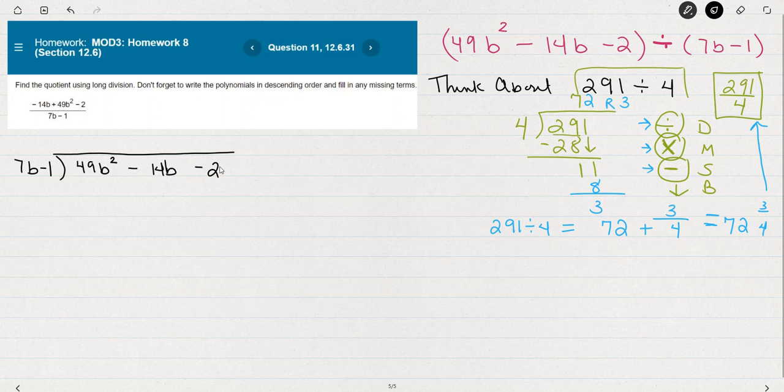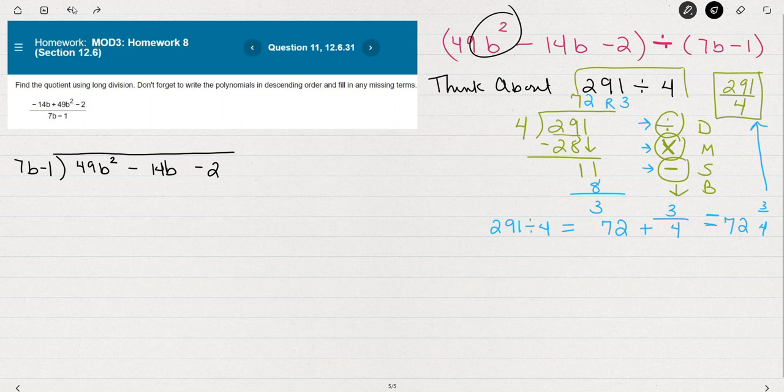Now, be sure you're being neat. Give yourself some extra space. And above all, make sure you've got these in descending order. We put the b squared term first, and then the b term, and then the constant. The whole process falls apart if you forget that important step.